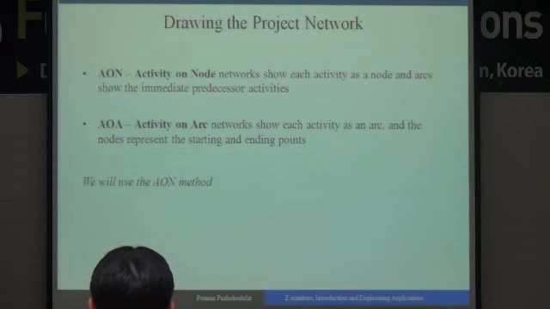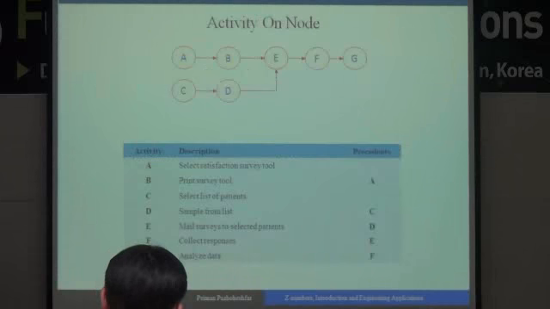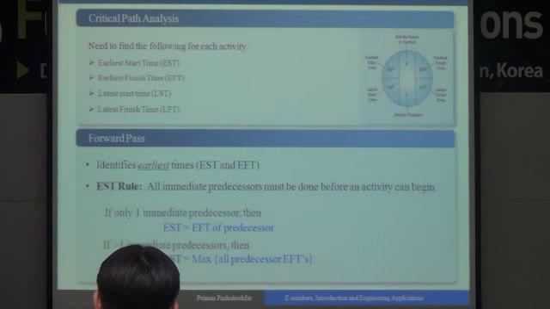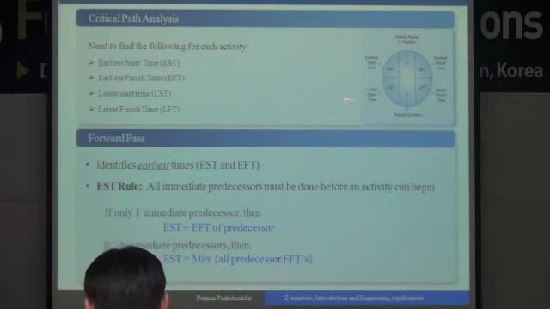There are two kinds of drawing a project network, AON and AOA. The first one, AON, is activity on the node, and the next one is activity on the branches. For each activity, we should determine earliest start time and earliest finish time, and also latest start and latest finish time.